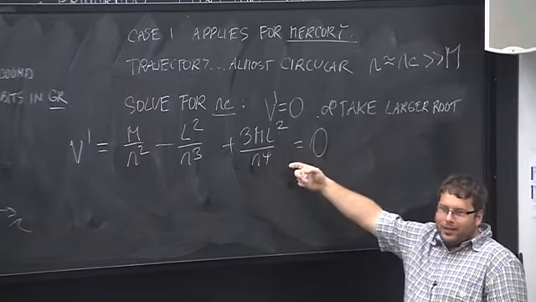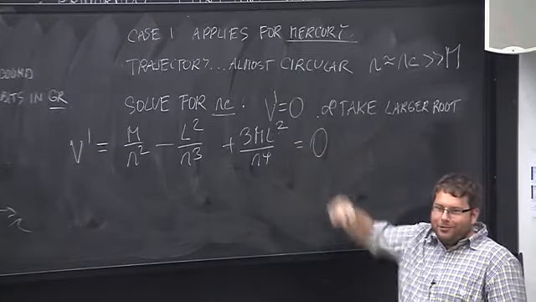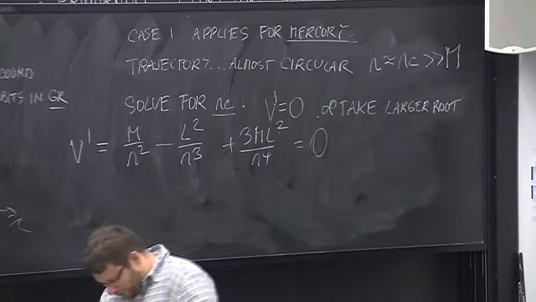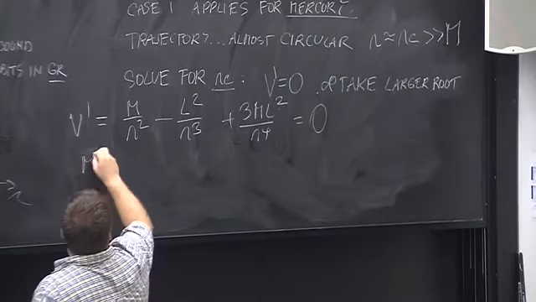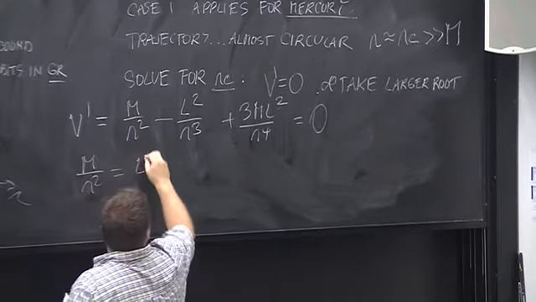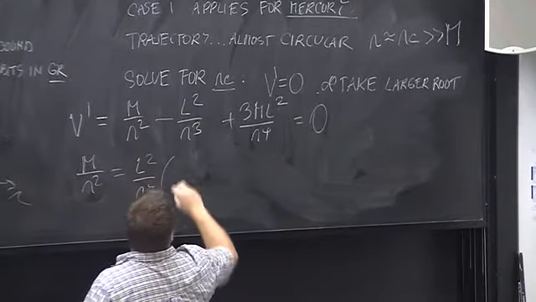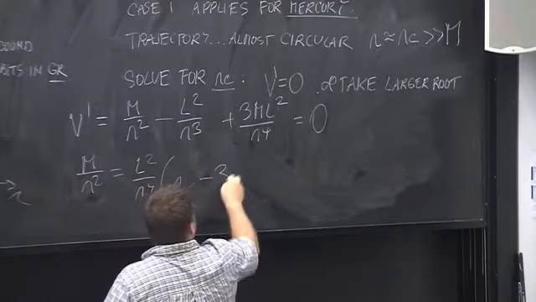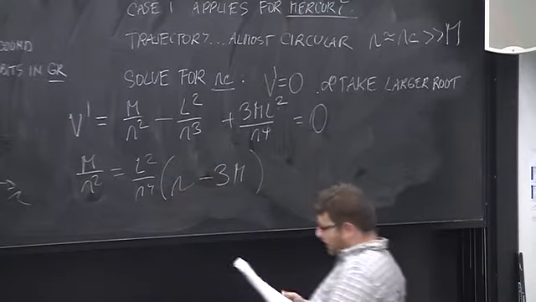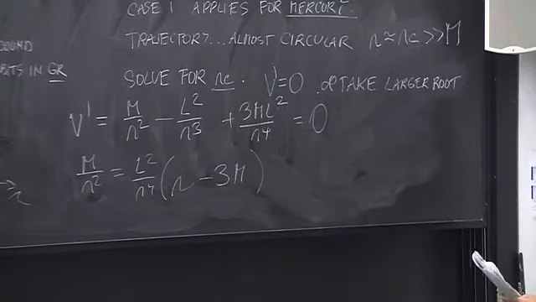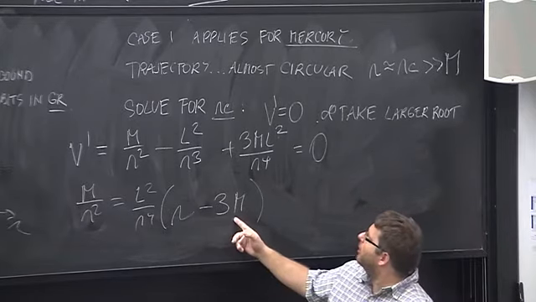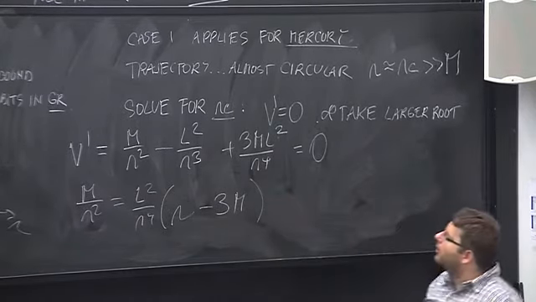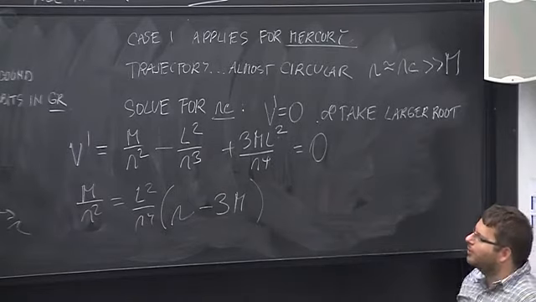Let's solve it for L squared. L squared is linear here. So we have that m over r squared is L squared over r to the 4, minus 3mL squared over r to the 4. Maybe that's it.